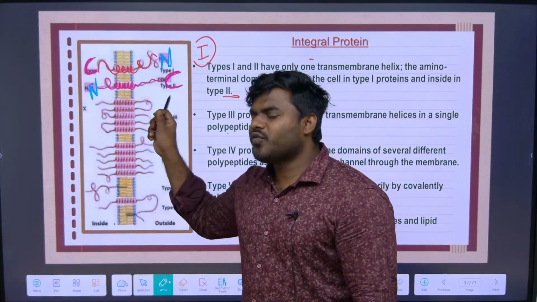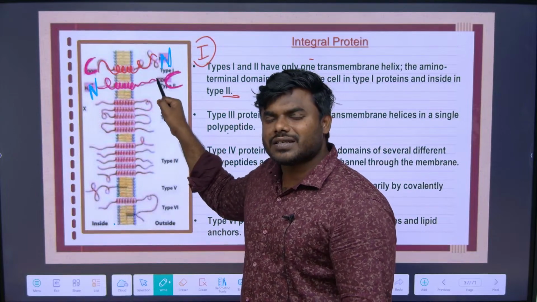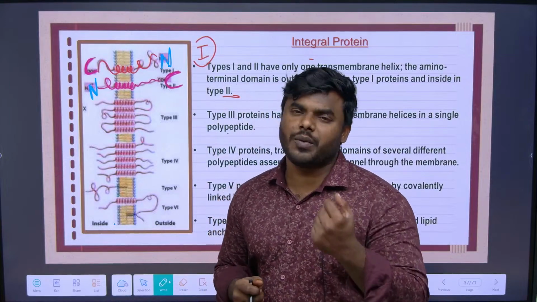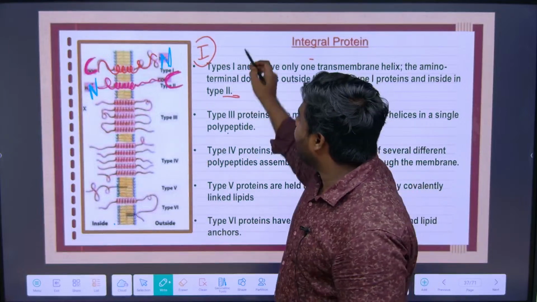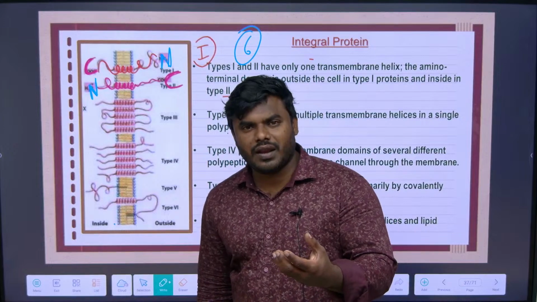This is the fundamental difference between the type 1 integral membrane protein and the type 2 integral membrane protein.